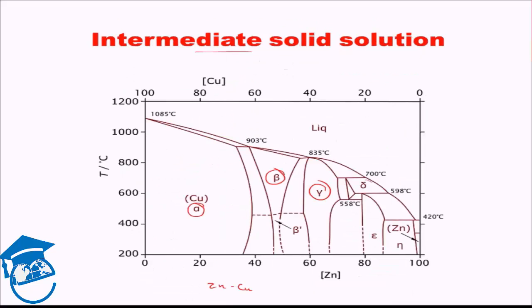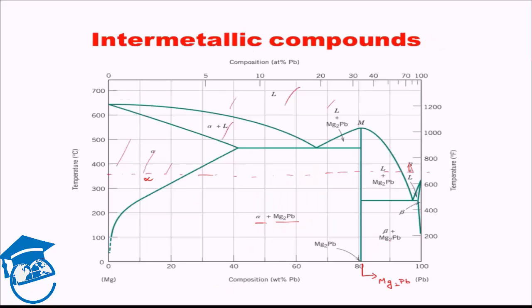Then we saw there are intermediate solid solutions in addition to the terminal solid solutions we saw in the eutectic phase diagram. We also have intermetallic compounds in phase diagrams, which are not really areas, rather they are singular lines.